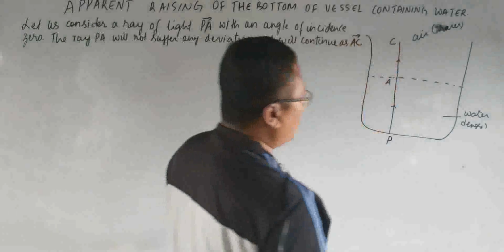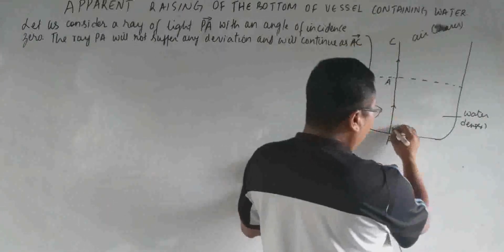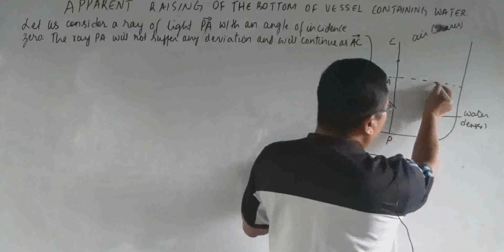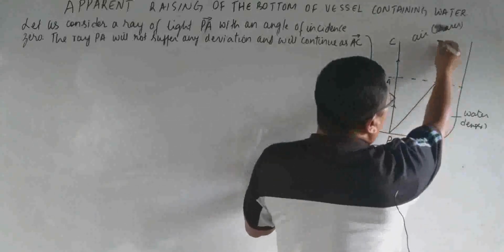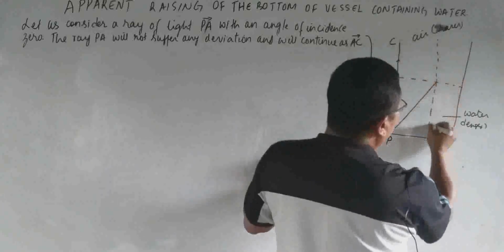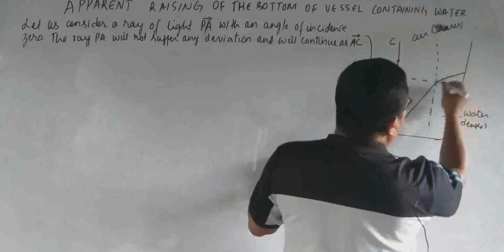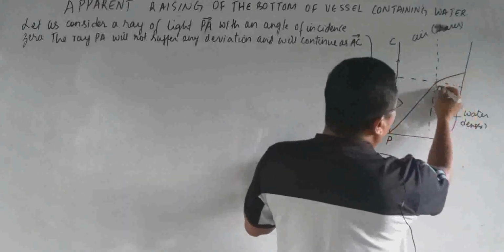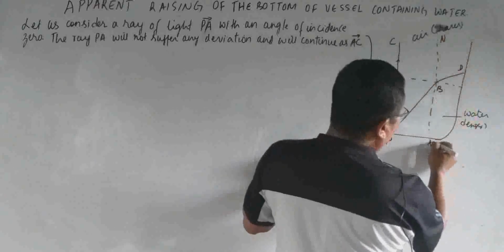Now we will consider another ray from the same point, from the bottom, from the point P, with an inclination, and say this is the normal. Now this ray will be refracted. So this is P, B, and say this is D, N dashed.